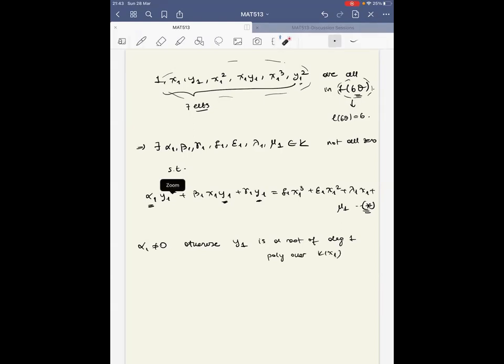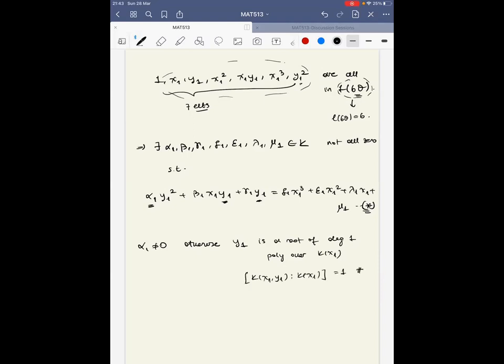You can easily see that if you replace y1 by any indeterminate t, its minimal polynomial is of degree 1, and in this case the extension degree is 1.